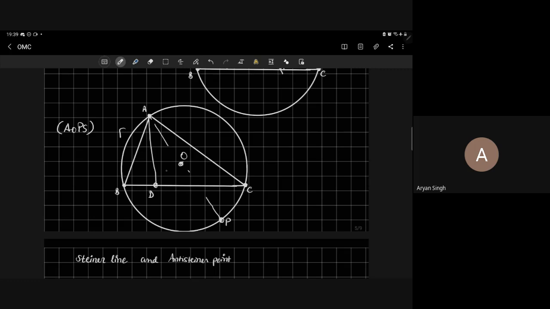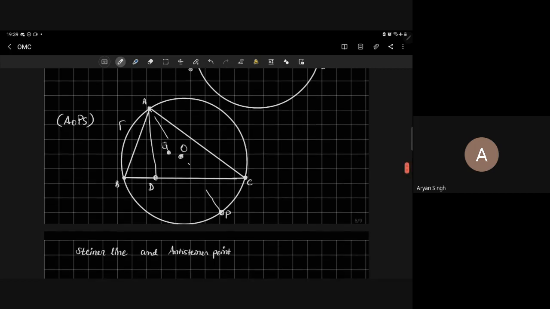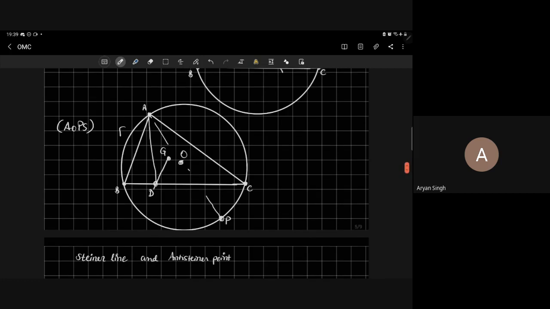G is the centroid of ABC. So let's call it G. The ray GD meets gamma again at the point Q.